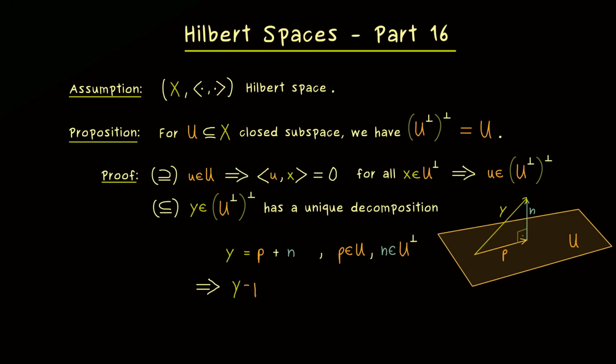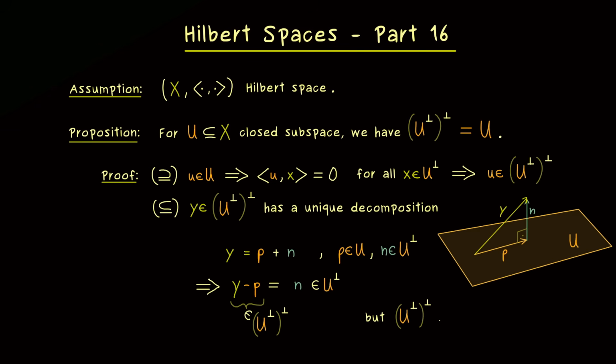And now here we can bring p to the left hand side, and then we also have 2 different subspaces left and right. Namely, we already know that we have U perp here on the right hand side. And on the other hand, on the left hand side, we have our double orthogonal complement. This is not so complicated because y is in U double perp by assumption, and for p we also know it because it's in U, and by the first inclusion we also know it lies in our double orthogonal complement.